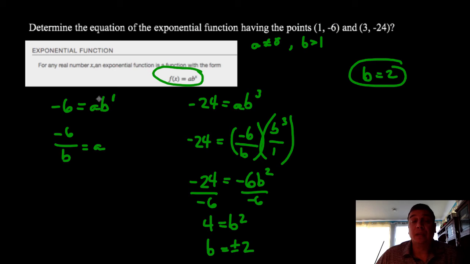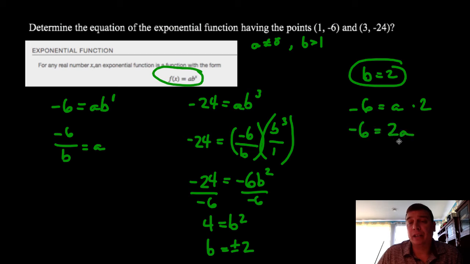So substitute that into one of these functions. I'm going to substitute it into the first one because it's got the least amount of arithmetic in it. So -6 equals a times 2. Granted, we usually write that as 2a. Divide both sides by 2. And I get that a is equal to -3. So now I know what a is.